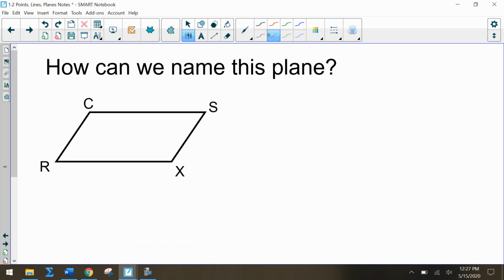So for this particular plane, notice how these points are on the outside, right? We have 1, 2, 3, 4. So we can name this plane, and you have to spell out the word plane, RCSX. Okay, so that's the name of this plane.